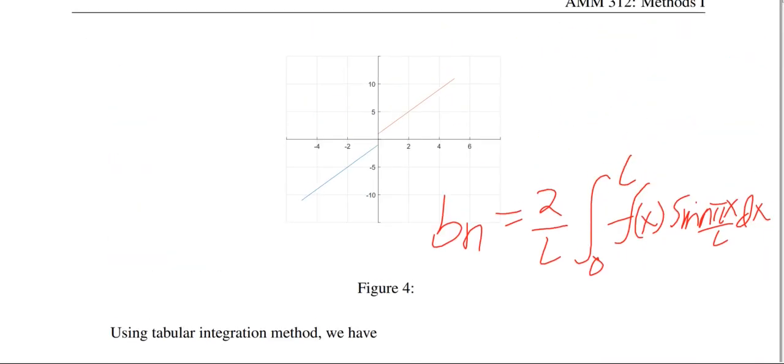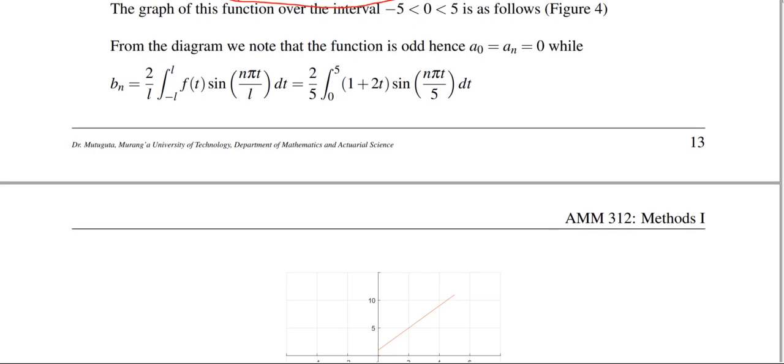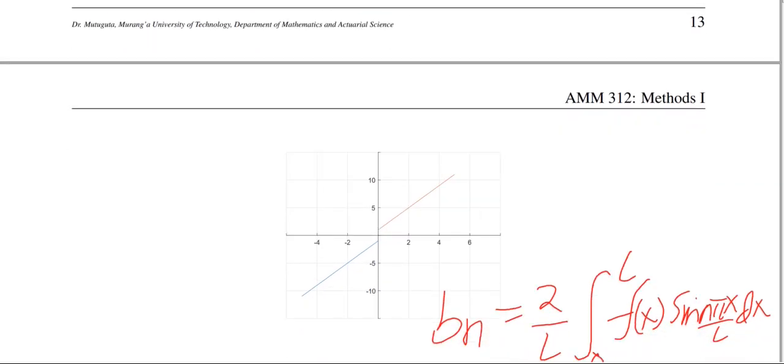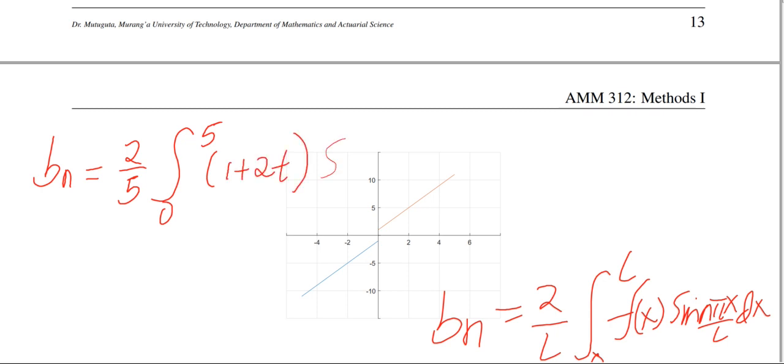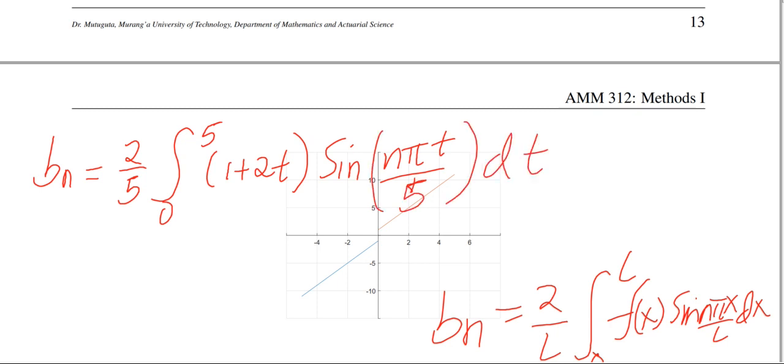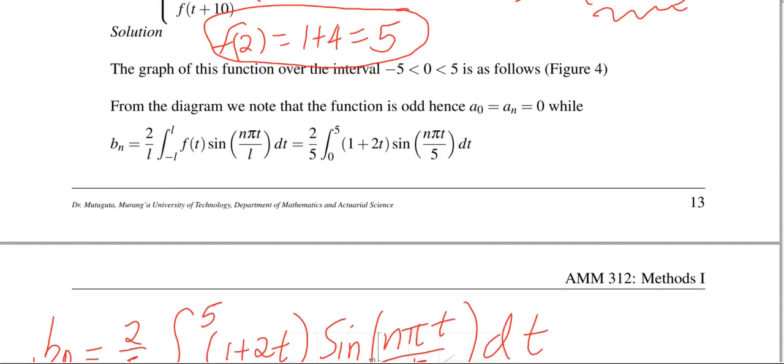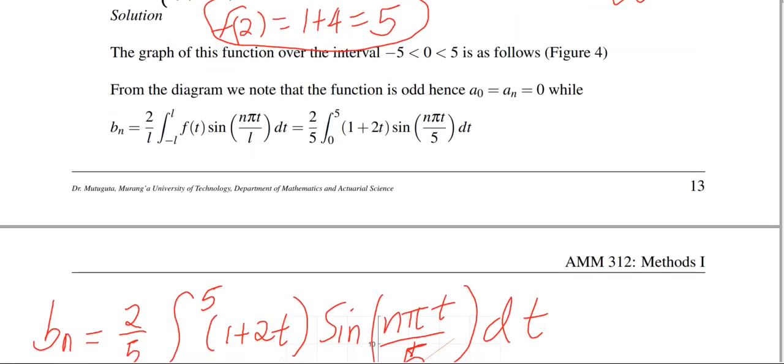So we write Bn is equal to 2 divided by 5, integral from 0 to 5. In that interval, the function is 1 plus 2t, times sine of n pi t divided by 5, and we integrate with respect to t. I'm not using x as written here because our function is defined in terms of the variable t.